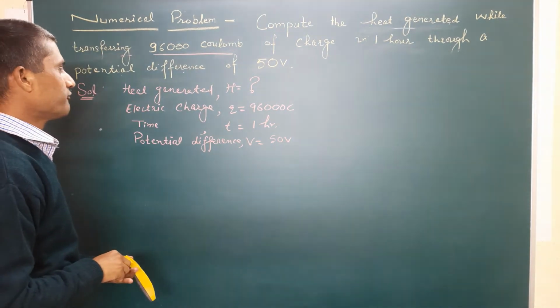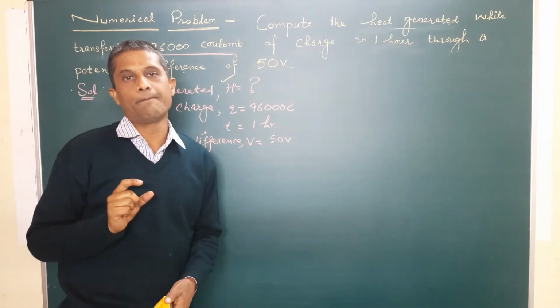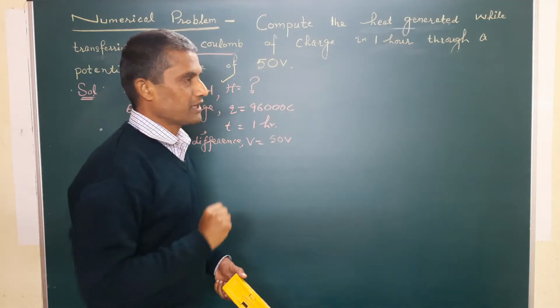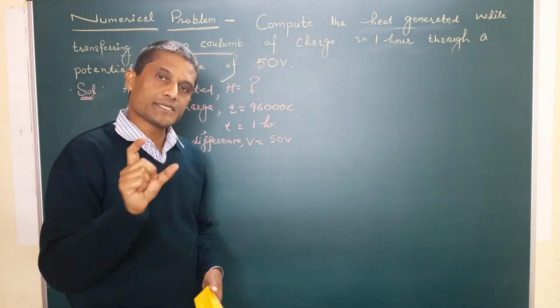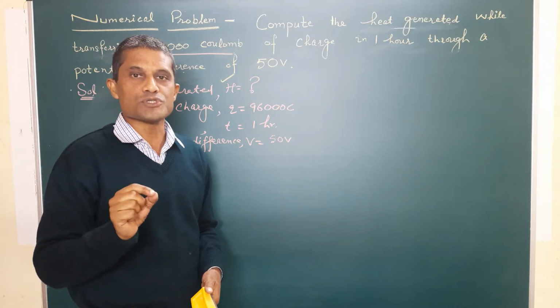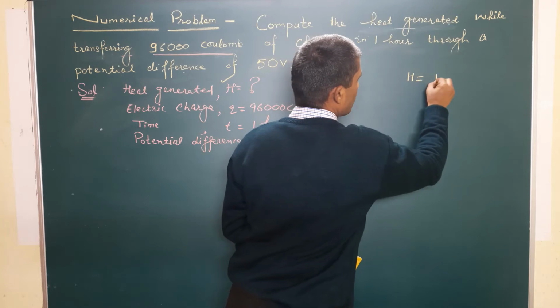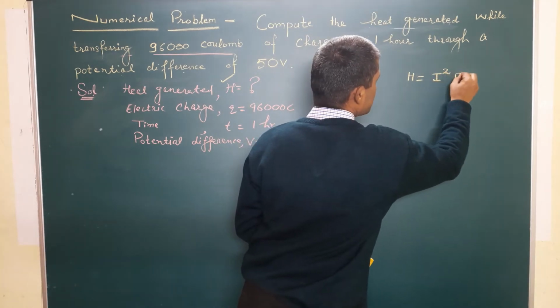Now we are going to find out H. Remember that in the heating effect of electric current, there are three representations for the heat produced in a given conductor. One is H is equal to I square RT.